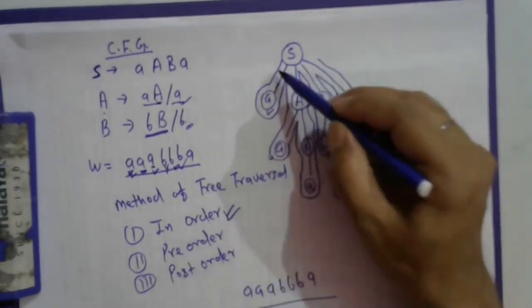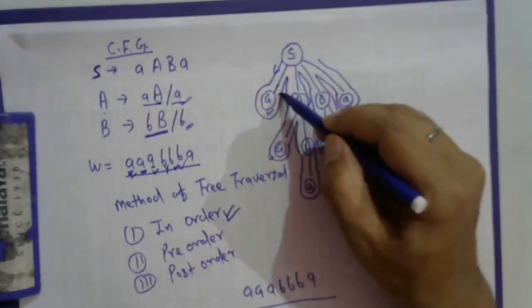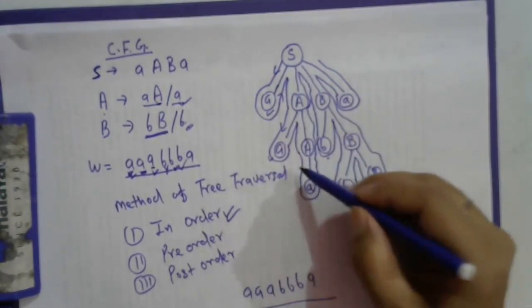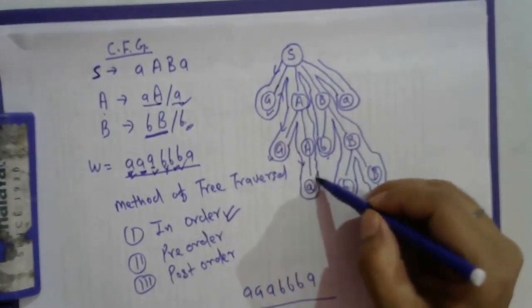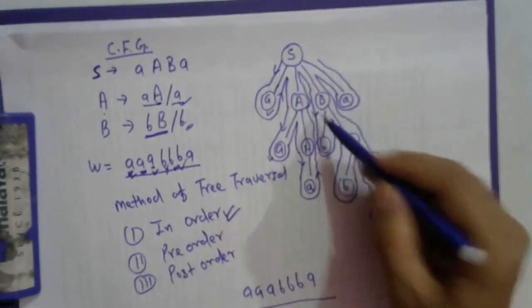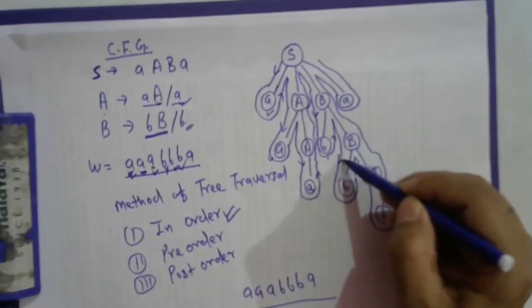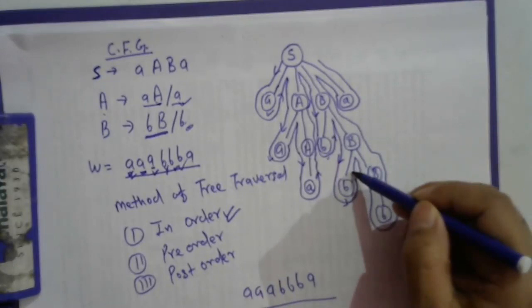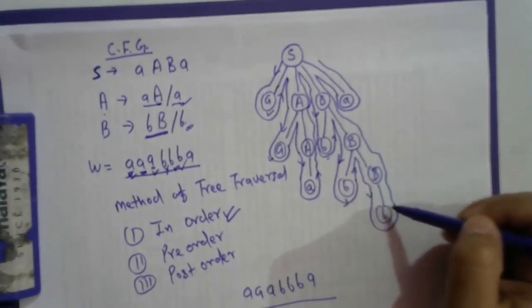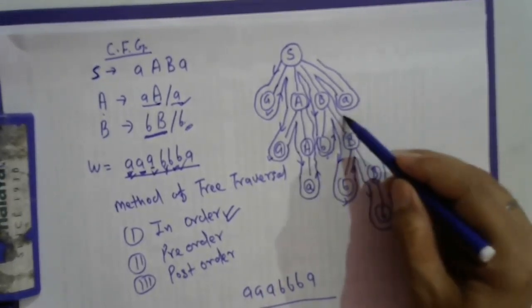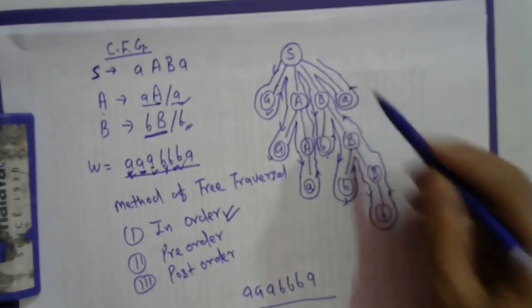This is the method how to traverse the whole derivation tree according to the in-order method. If you follow the in-order method, you can traverse the whole tree, every leaf node, and you can get the final W as a complete string.